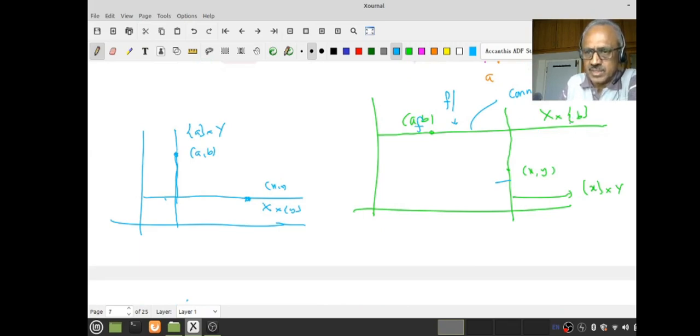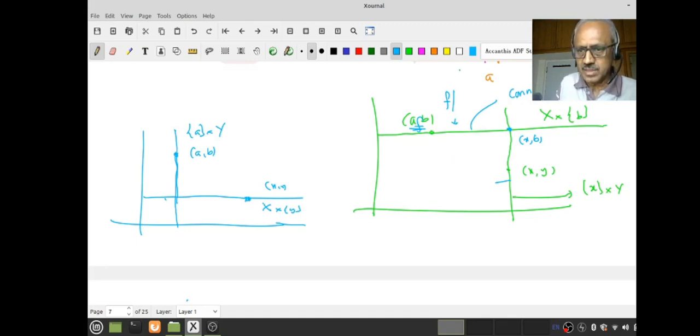Therefore the value of f at (a, b) and the value at this point, which has coordinates (x, b), are the same. When I restrict to this horizontal fiber, this is a connected set, and f is a continuous function from this connected space to plus or minus 1, therefore it must be a constant. That means f(a, b) must be f(x, b).